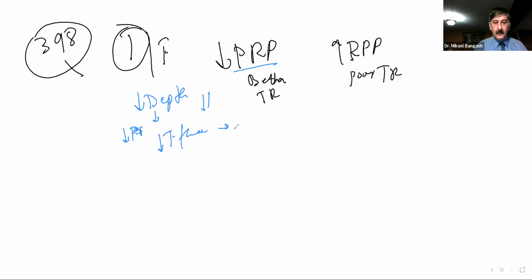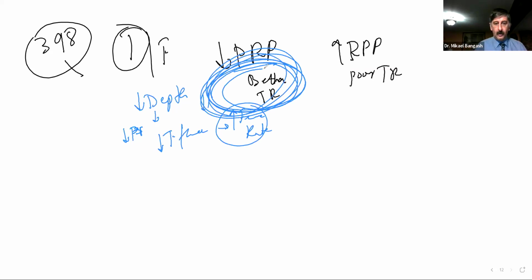A lower frame time gives us a higher frame rate, and a higher frame rate means better temporal resolution. Clear?